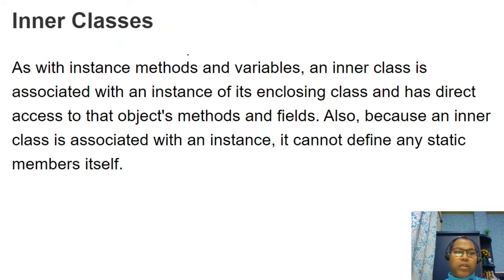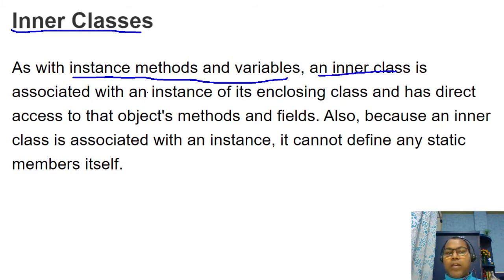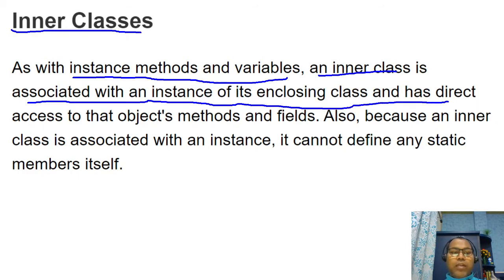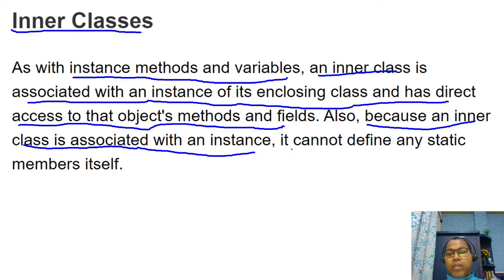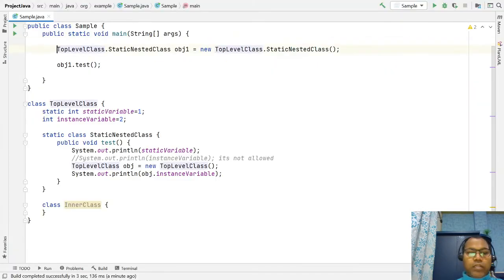Now let's discuss your inner class. The inner class is known as a nested class, non-static. The inner class is associated with an instance of its enclosing class and has direct access to the objects, methods and fields, because the inner class is associated with an instance, so it cannot define any static member itself. Let's discuss here.